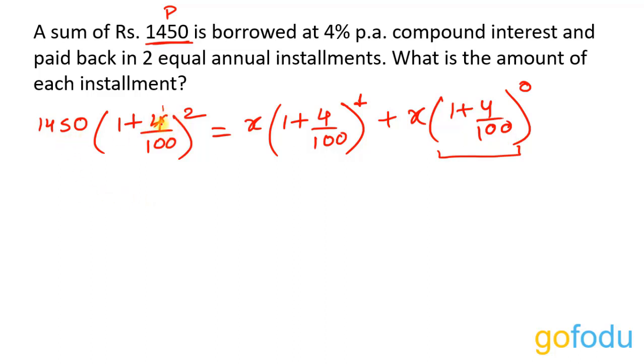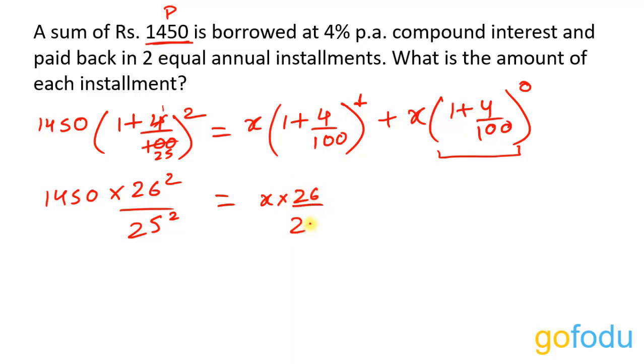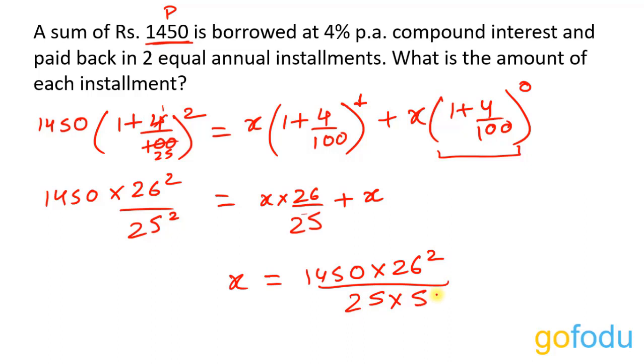Also, this is 1 by 25. This is 26 by 25. 1450 into 26 square by 25 square is equal to X into 26 by 25 plus X. X will come out to be, take LCM here and take 25 to the left hand side, 1450 into 26 square upon 25 into 51.